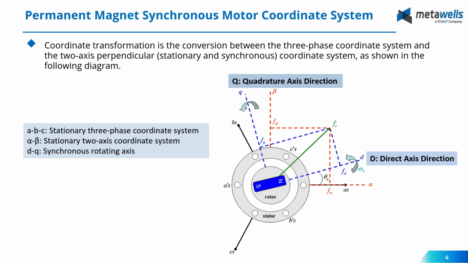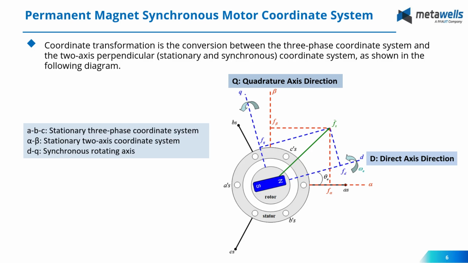Okay, let's talk about the coordinate system. On this slide, we show the relationship between 3 different coordinate systems that are essential in motor control. First, the 3-phase stationary coordinate system here.